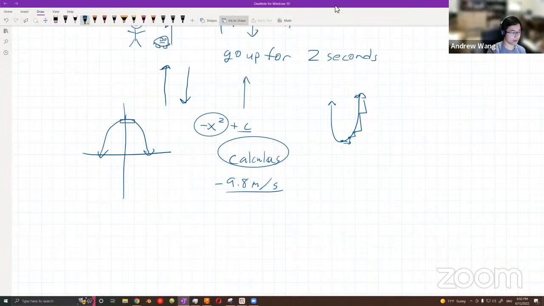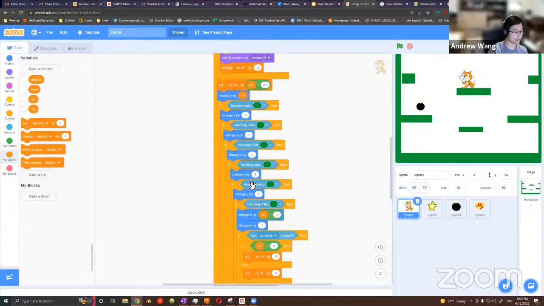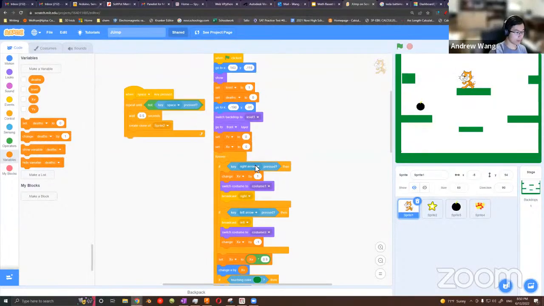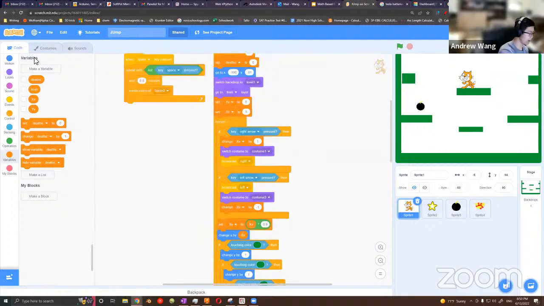So in Scratch over here, you guys can see that I changed a few things. One, I added a variable. So this, again, is a variable. It's involved in a lot of math that we do. If you guys haven't gone to Algebra 1 yet, variables represent a certain number and can change depending on how they're altered.